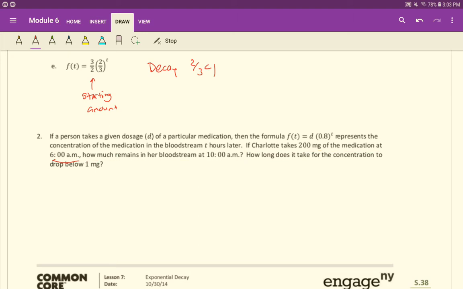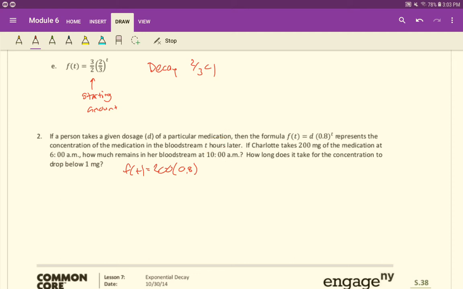Okay, so let's answer that question. So dosage D. Now it doesn't say what the units for that dosage are, but I'm going to guess 200 milligrams is what we're going to use here. So F of t equals 200 times 0.8 to the t. Now what is time here? If she took it at 6 a.m., how much is in her blood at 10 a.m.? What would t be?